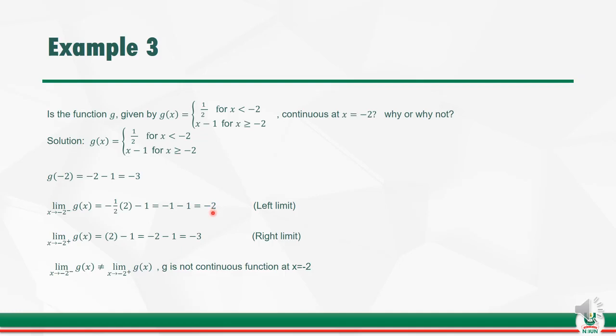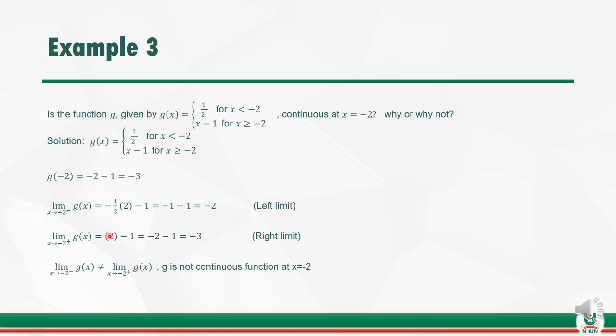Then let's look at the right. The right means this. The limit of g of x as x tends to minus 2 from the positive side, that positive means right. Then we have x minus 1, and instead of x, we put minus 2.